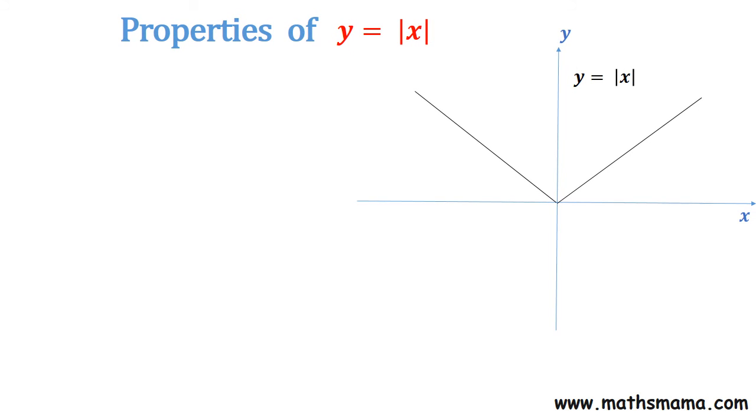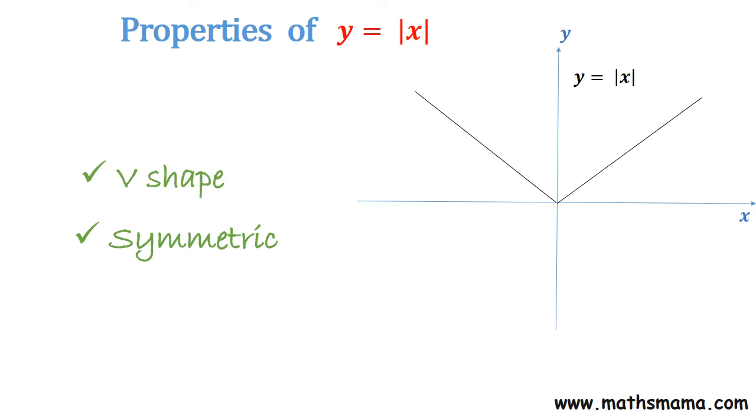Let's talk about some properties of y equal modulus x. As you see in this picture, it has the shape of the letter V. So we call it a V graph. Secondly, you see the graph is symmetric about the y-axis, which means we can fold the graph about the y-axis so that it divides into 2 equal halves.